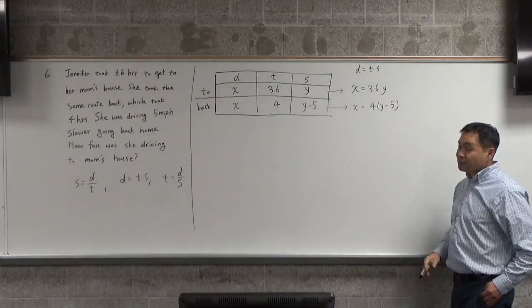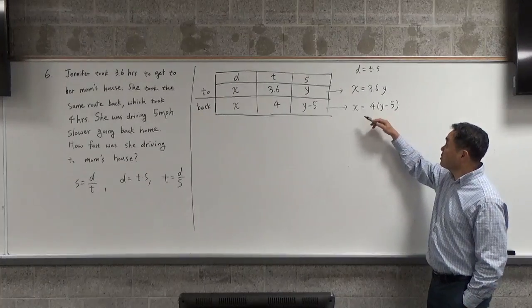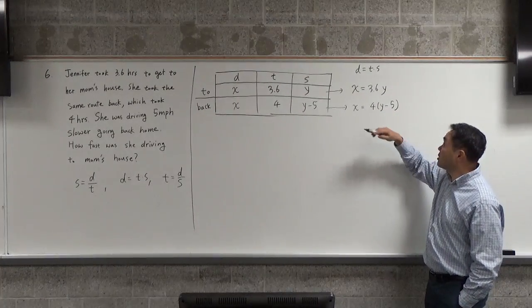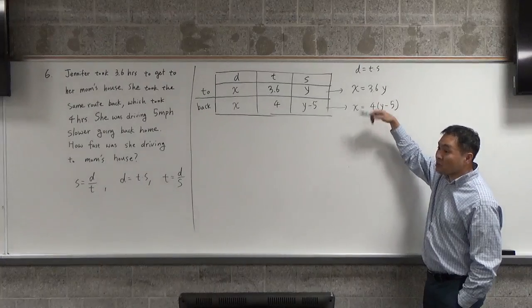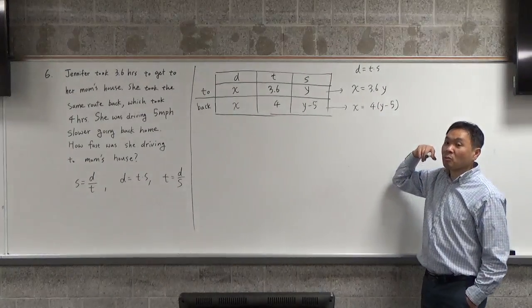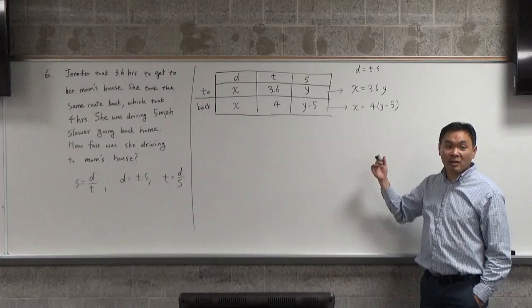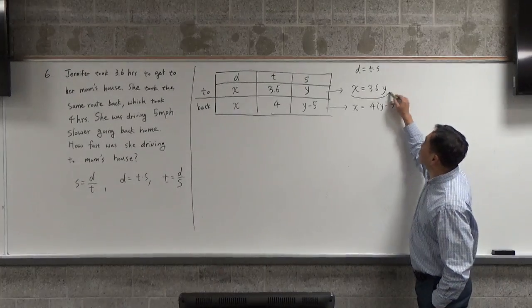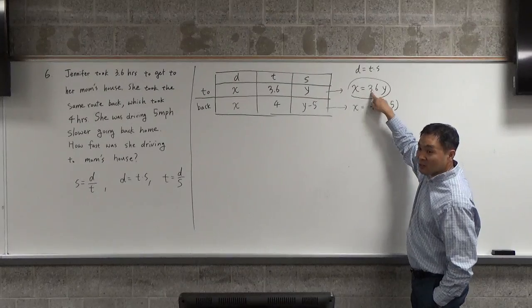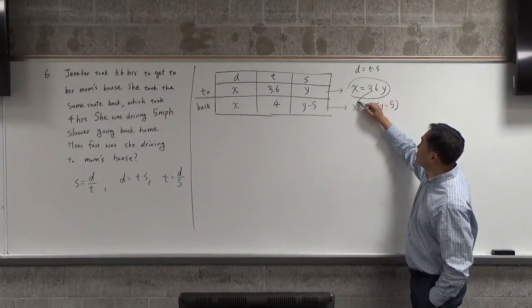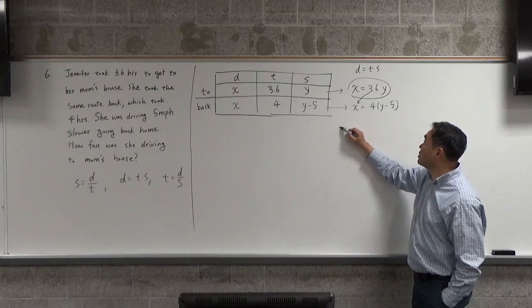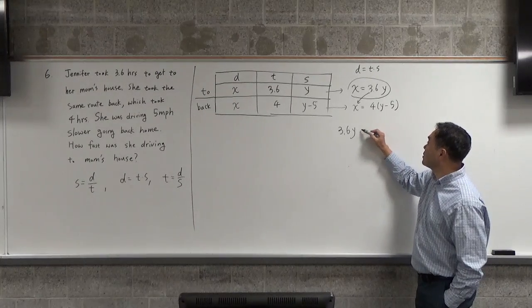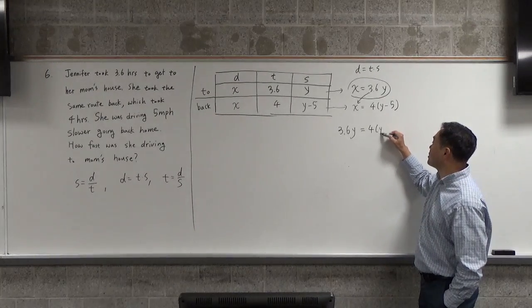And this is a system of equations, and you're supposed to solve for one variable and plug that into the next one. However, we already have this solved for x. x is this, so it's very convenient for us. We can just plug this in here and you get 3.6y equals 4 times y minus 5.